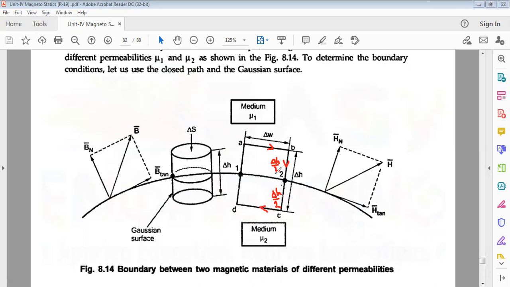C to D is the opposite direction of A to B, with the same width delta w. And D to A is the upward direction compared to BC.